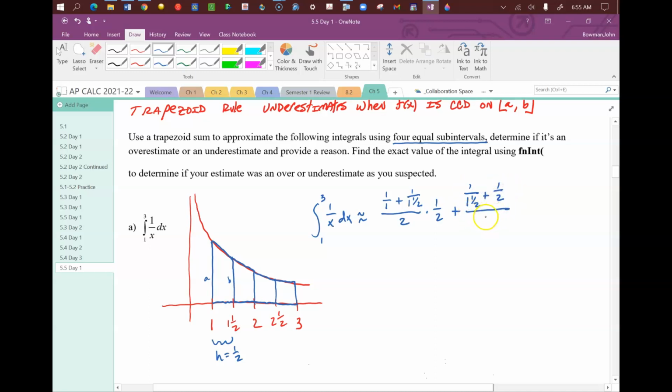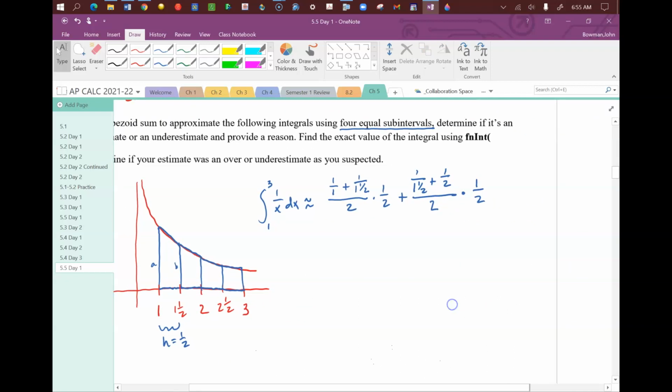Again, the lengths of the two bases divided by 2 times the height of 1/2, plus 1 over 2 plus 1 over 2 1/2 divided by 2 times the height of 1/2, and then finally plus 1 over 2 1/2 plus 1 over 3, all divided by 2 times 1/2.